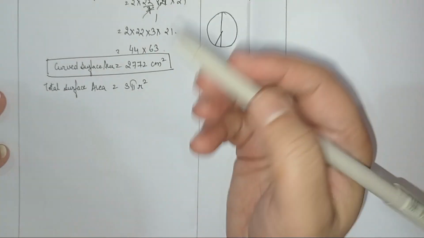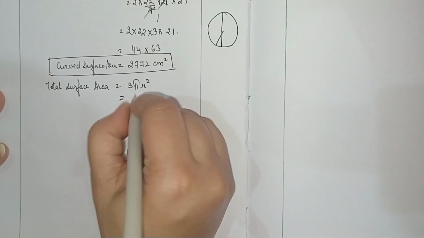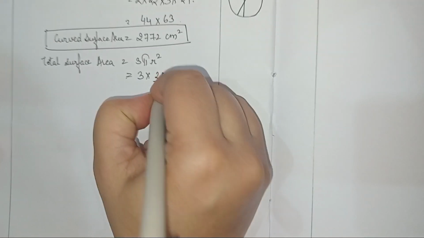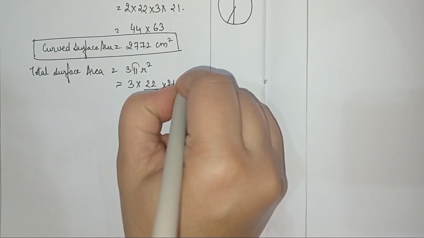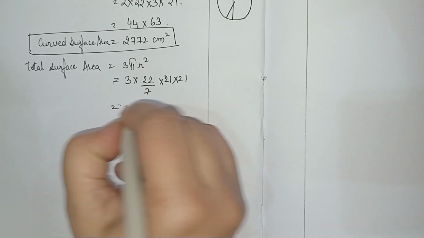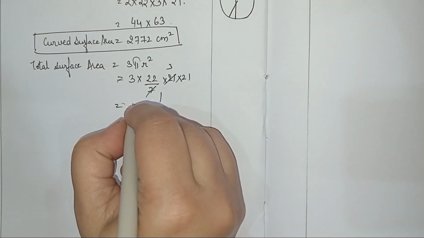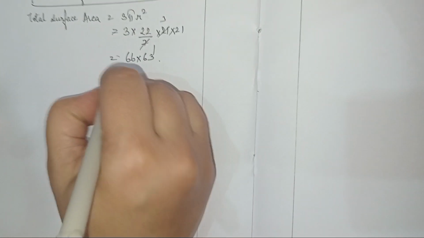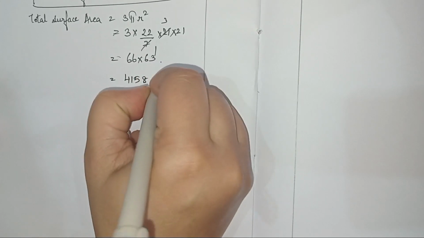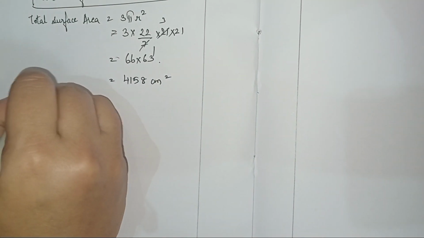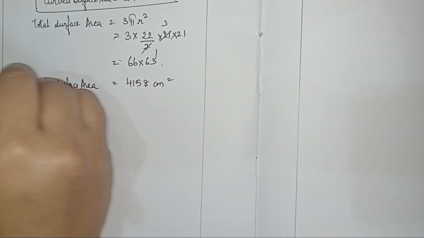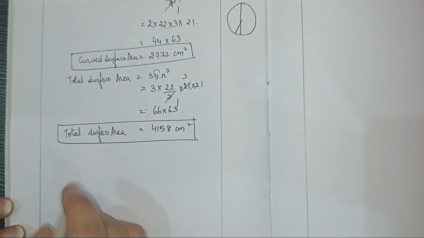So it happens from three sides, so it becomes 3 pi r square. 3 into total surface area, 3 into 22 over 7 into 21 into 21. 7 ones and 7 threes. 66 into 60. 4158 centimeter square. This is going to be your total surface area. So the two answers which the questions asked are given.